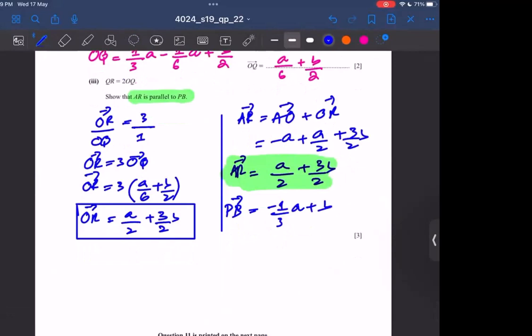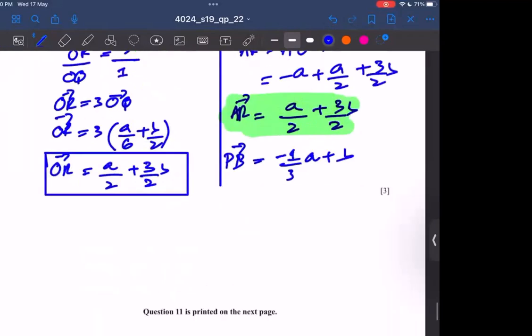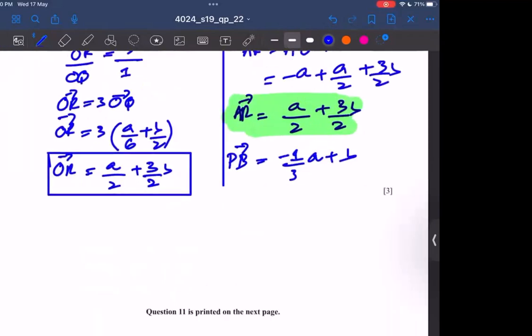In order to show that these two vectors, AR and PB, are parallel, we need to show that they are basically scalar multiples of each other. So let's just focus on AR now.